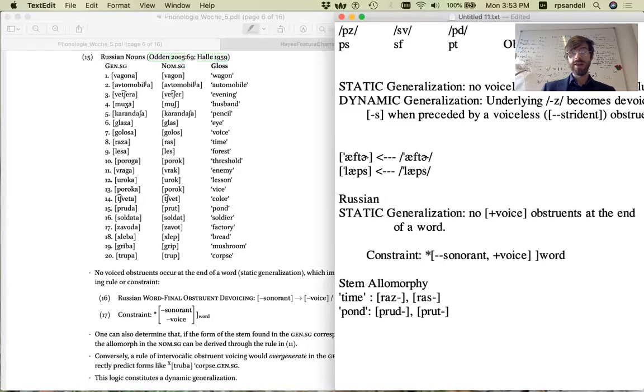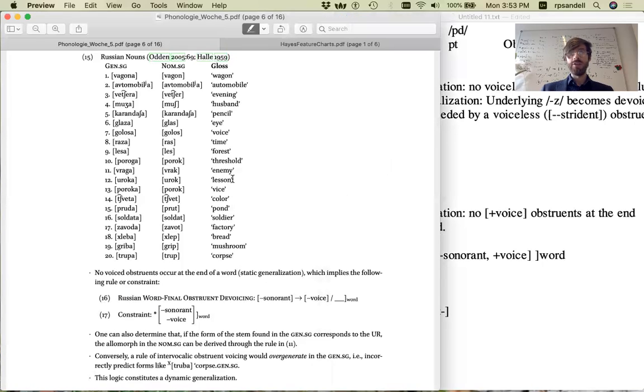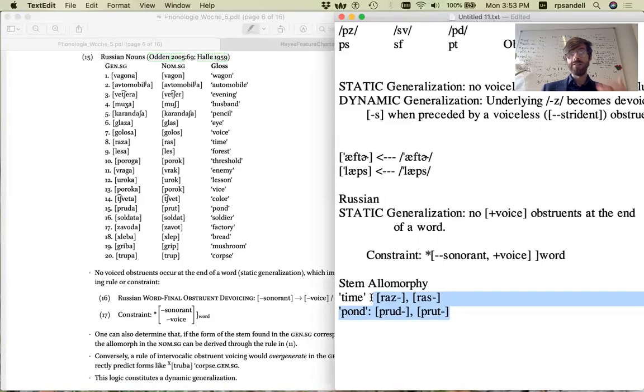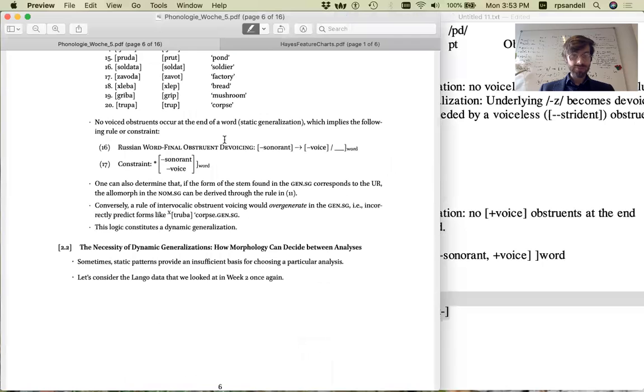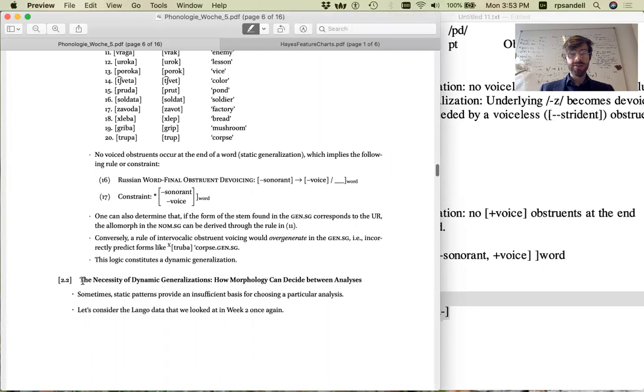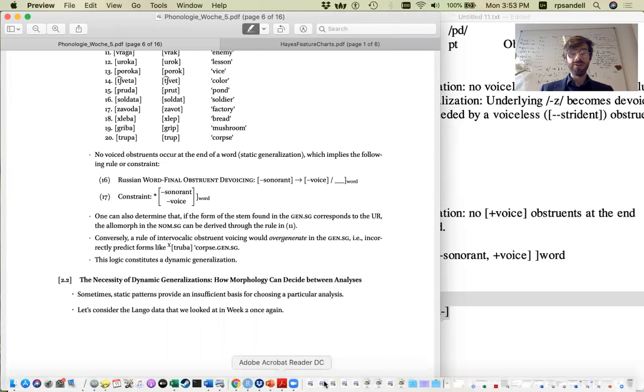There we're looking again at a pattern of alternation. We have morphemes that have different forms, and trying to explain that alternation, trying to say why the same morpheme is pronounced in different ways, can be attributed to phonological processes. Okay, let's take a break here, and then we'll see why sometimes we really need to operate with dynamic generalizations in order to make decisions in a phonological analysis.